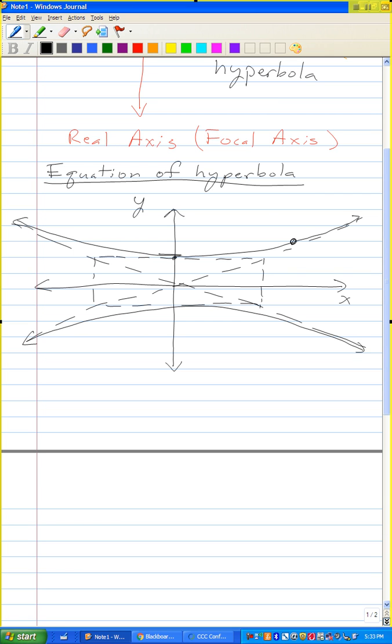Suppose I have some point here, x, y. Here's my center at the origin. Suppose that my foci are at (0, negative c) and (0, c). So those are my two foci.